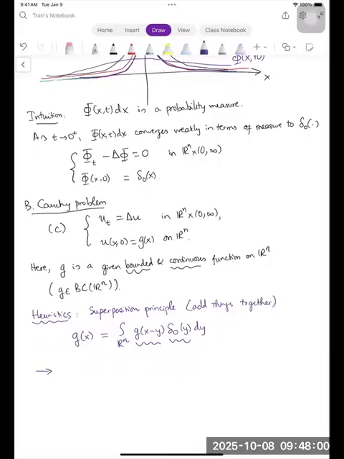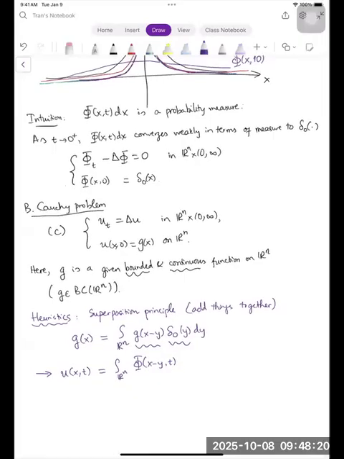So this suggests that we should have u(x,t) equals the integral over R^n of phi(x minus y, t)... what did I want to say? Okay.